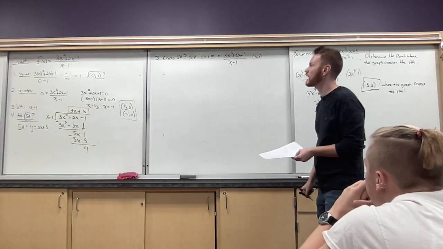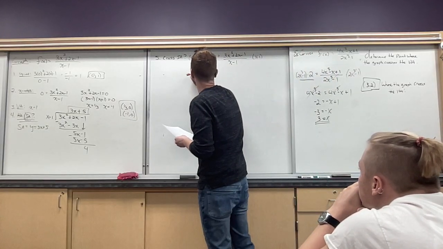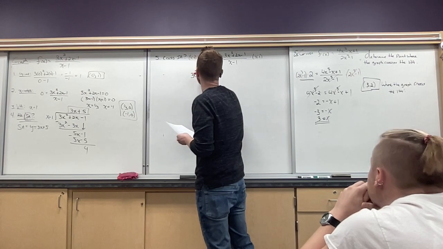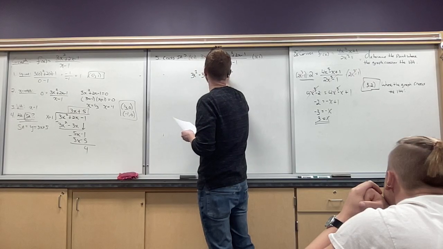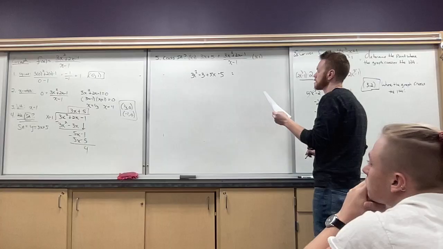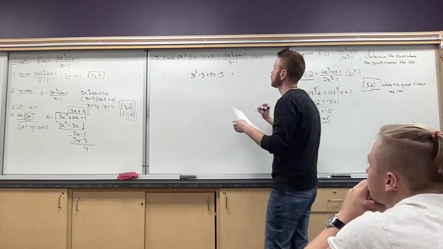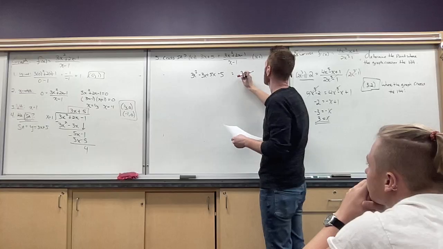On the left-hand side, I have to expand that a little bit. That's going to be 3x squared minus 3x, and then we're going to have a 5x, and a minus 5. Oh, I forgot an x there, didn't I? There we go. On the other side, it's just our numerator.